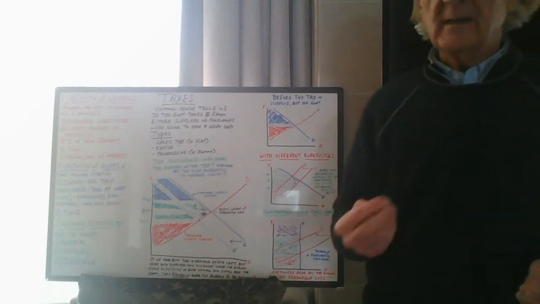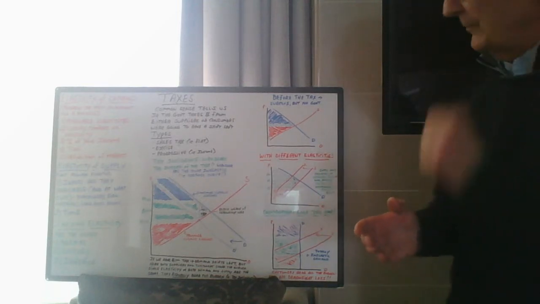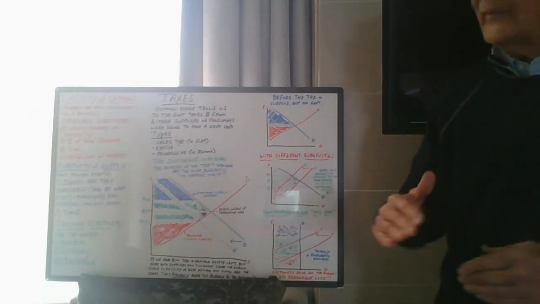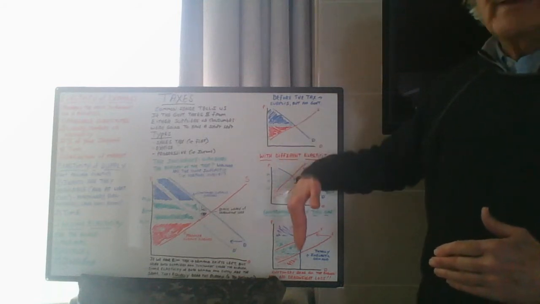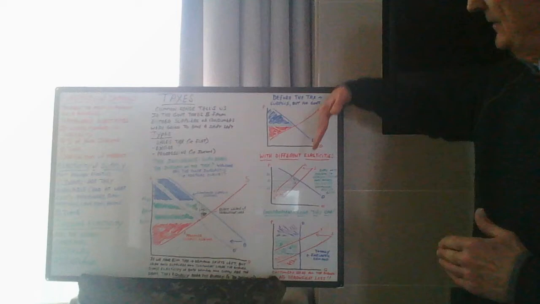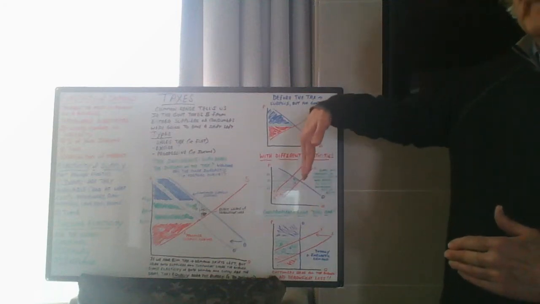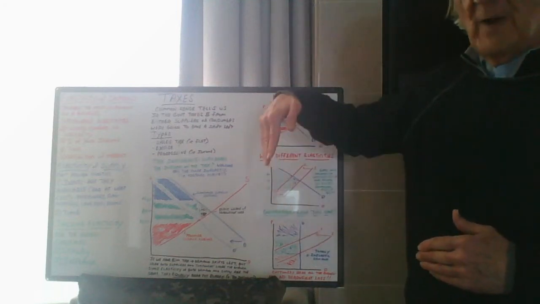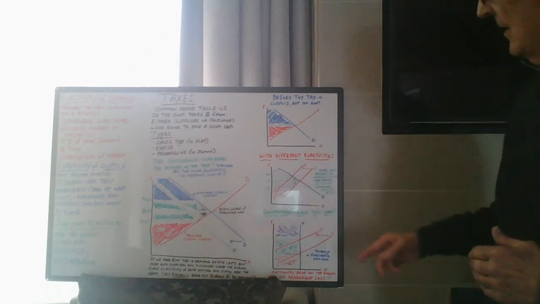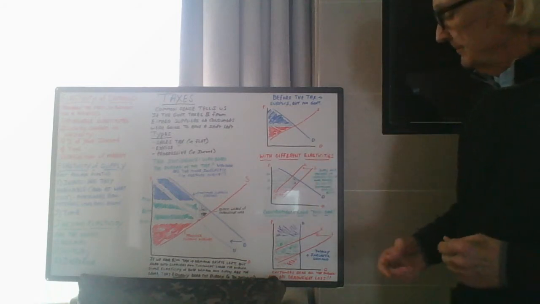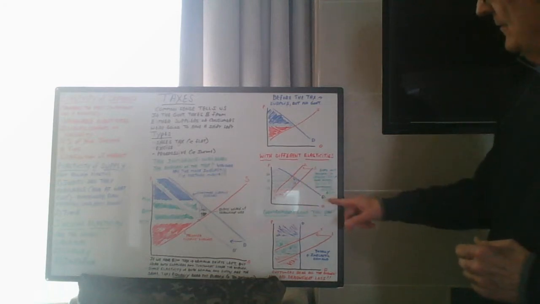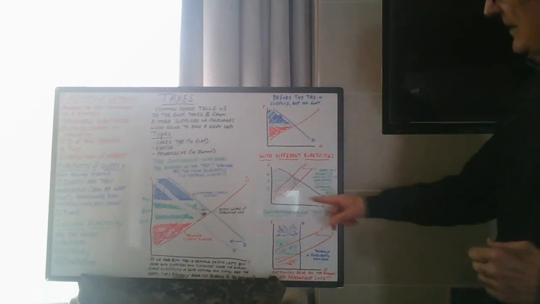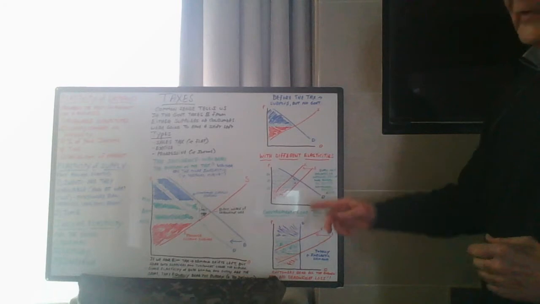Now, with different elasticities. And remember, the more inelastic, the more vertical the line is going to be. It tries to become perfectly inelastic, a giant I. In this case, we'll just go through a couple. Here we have a demand curve that's more elastic. The supply curve, as you can see, is more upright.